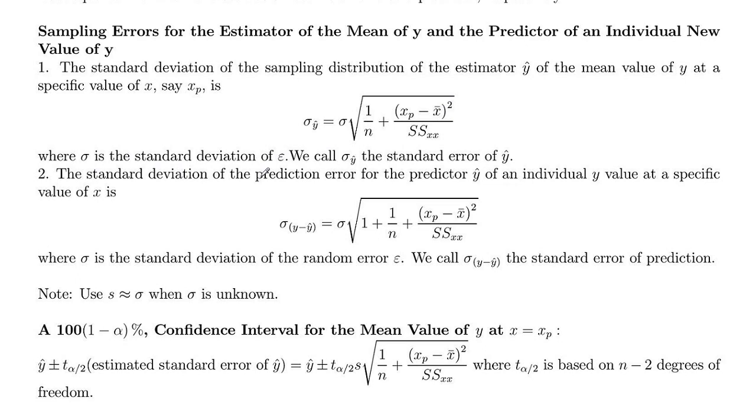So not the standard deviation of the whole population, but standard deviation of your random error epsilon. We call sigma y hat the standard error of y hat.